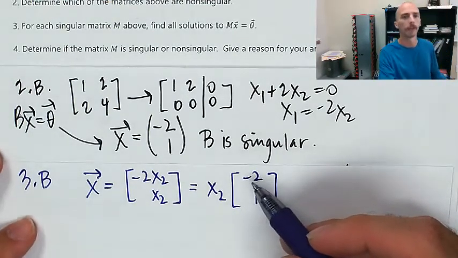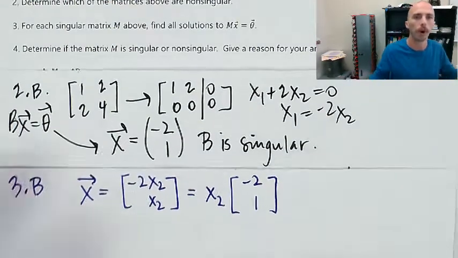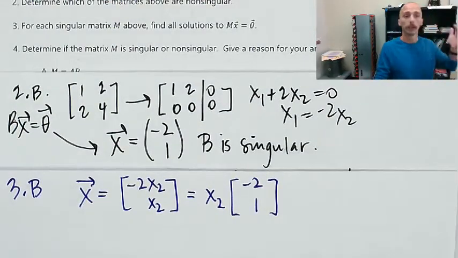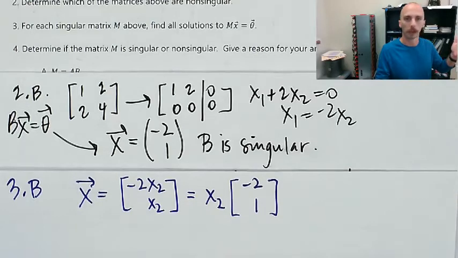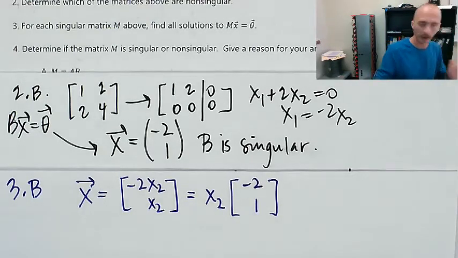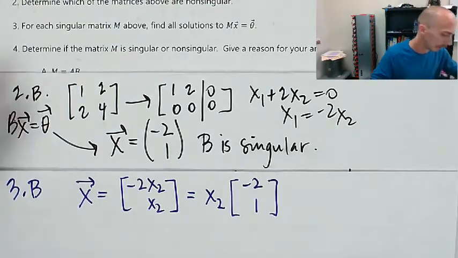Anything that's proportional to negative 2, 1 will be a solution to the equation Bx equals 0. We're going to have more names for that over time, but for now that's it.